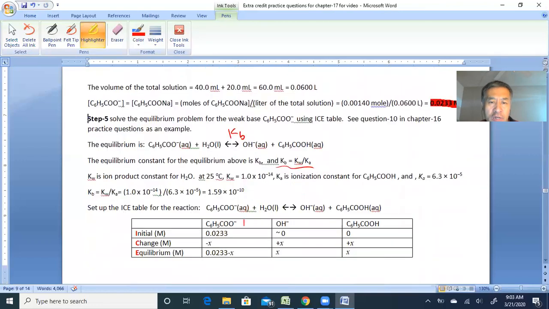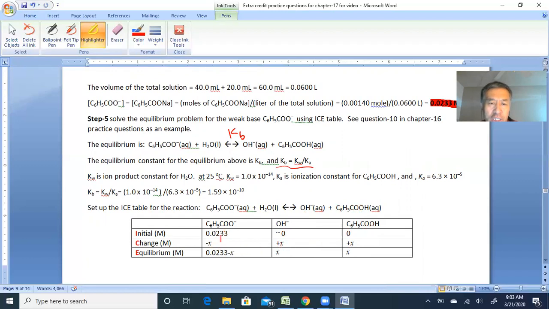And so the ICE table becomes this. The initial concentration for the weak base we find from this number here. Then the initial hydroxide is approximately 0, because some of the water produces a smaller amount of hydroxide, but it is negligible. The weak acid is 0, then the change for the reactant is negative x and for these two products plus x.